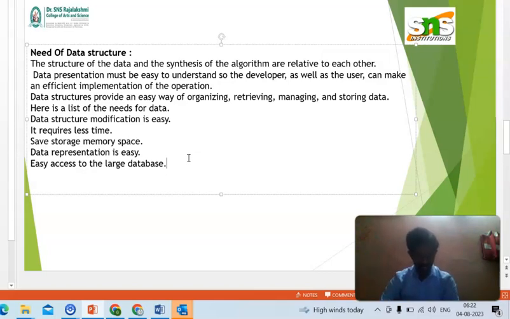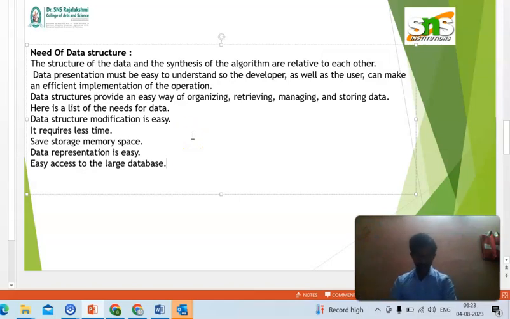It also needs efficient implementation of operations. What information is given by the developer, and what information the user can understand, should be clear. These are the needs of data structures, right?